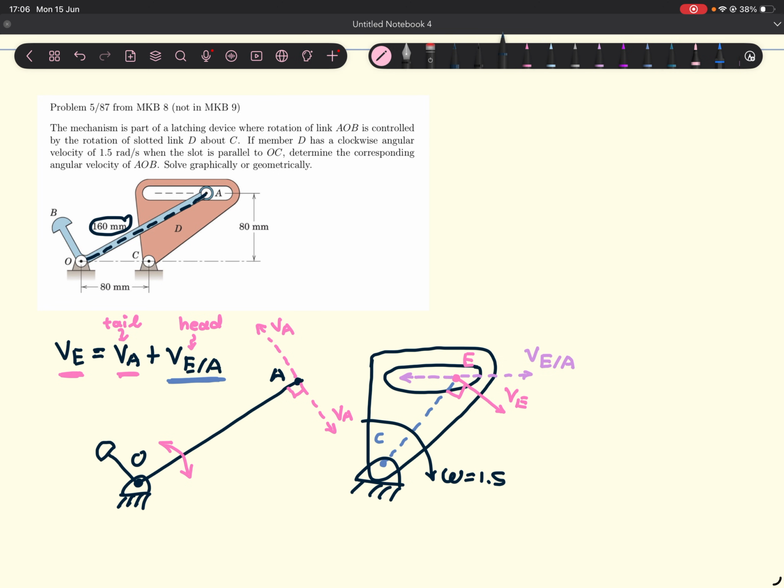I have this 160, which represents this line over here, and this 80, which represents the height. So I could probably do this, and I have this entire length which makes a full triangle. Problem is that I don't have this entire length, but that's fine for now. I can find this angle here. I'm going to call it theta.